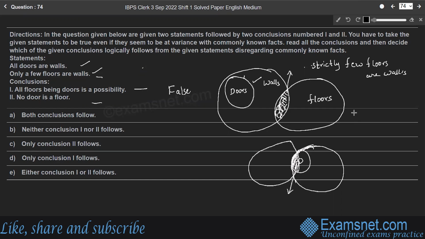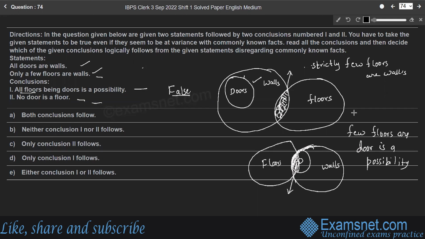Therefore, few floors are doors is a possibility. So this is the set of floors, set of walls, and inside that the set of doors. So here, all floors being doors is not a possibility, therefore a false conclusion.